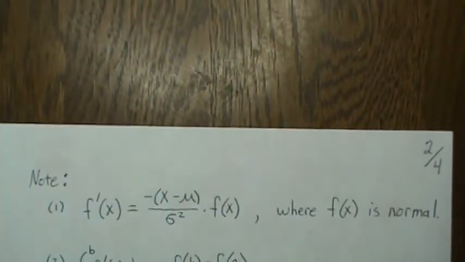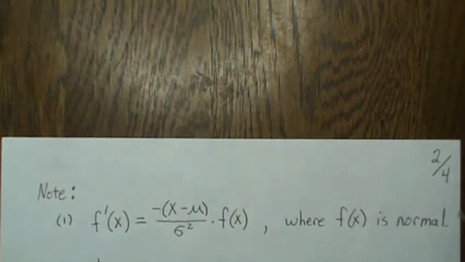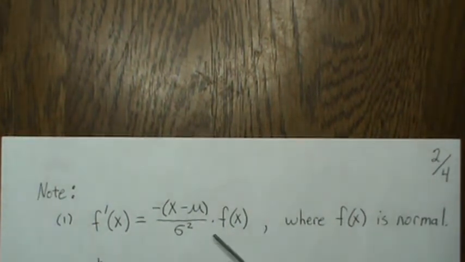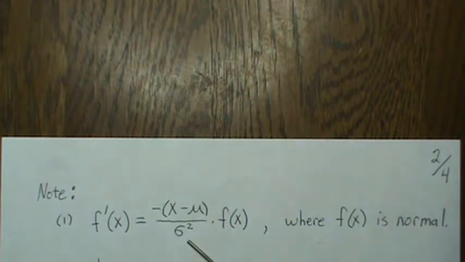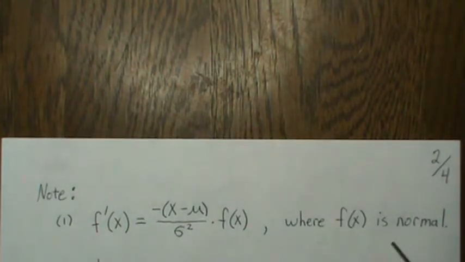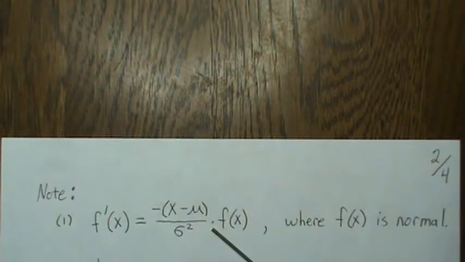All right, before we start though, let's cover a few notes here. Note that the derivative of a normal density is you get your normal density back times this constant. And this is when f is normal. So we're going to make use of this to shortcut much of the algebra.